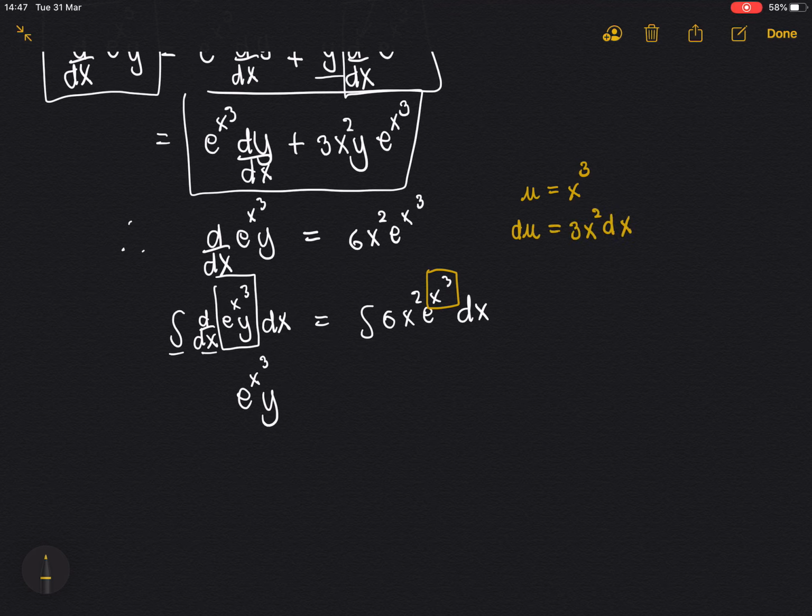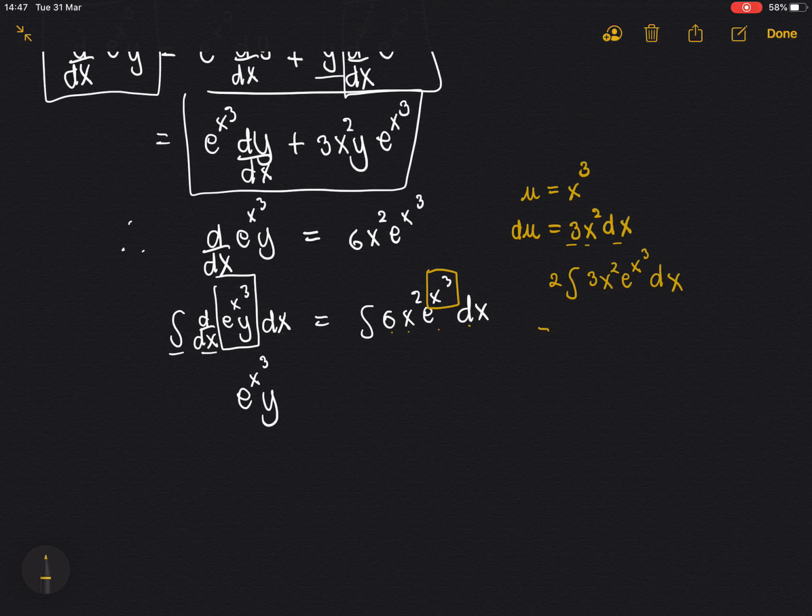We have the constant 6, which can be split as 2 times 3, so we can take the 2 out of the integration. Therefore we will have 2, and inside the integration sign we have 3x squared e raised to the power of x cubed dx.